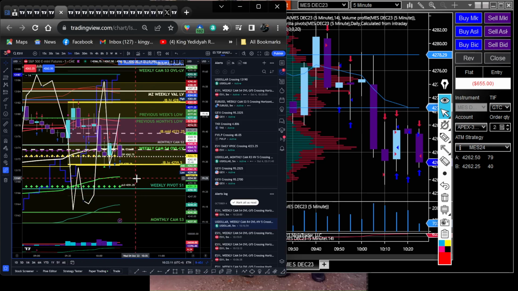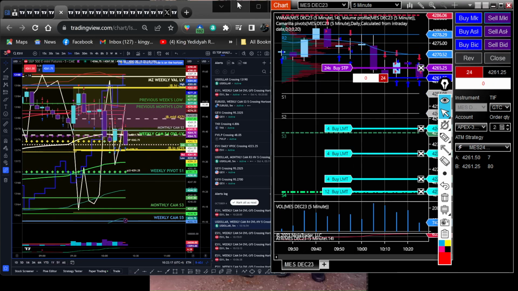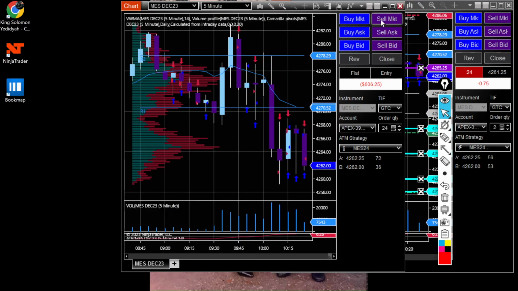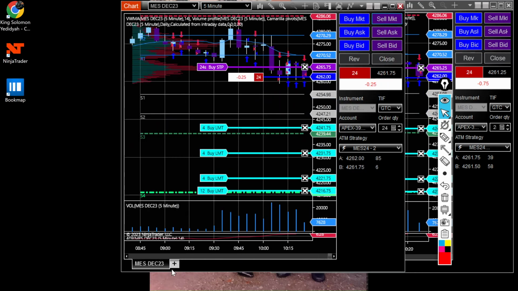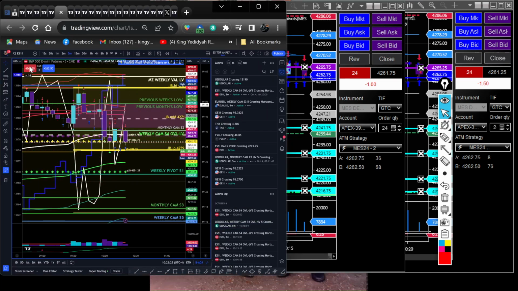Probably kind of get whipsawed here, man. I maybe need to. Let's try one more short. Let's see if we could get some movement here to the downside, because this is still looking like it wants to push lower.